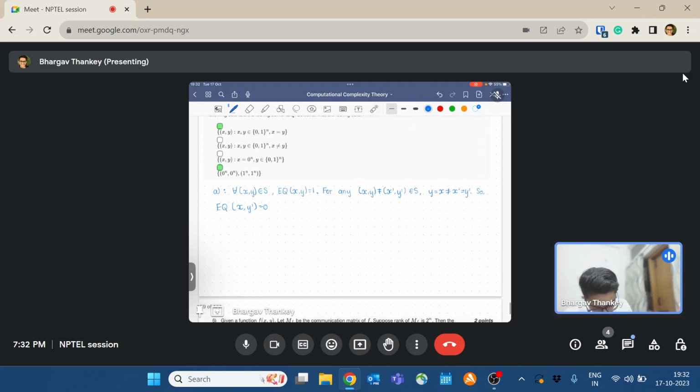What about B? B is false. This is because, for all (x, y) in S, EQ(x, y) is 0, so the first condition is satisfied.